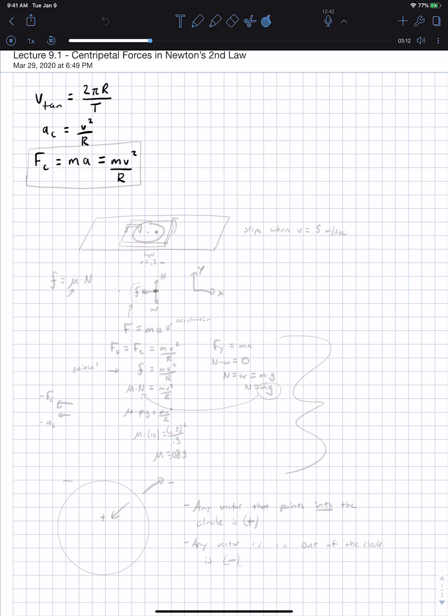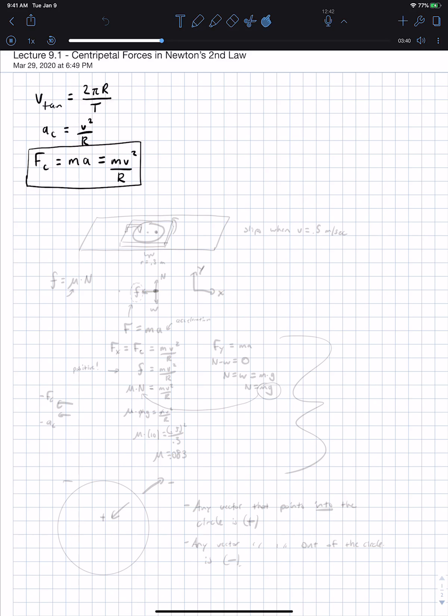The point of the lab was to use this equation right here, that I'm going to box, to figure out the mass of the spinning mass, and you did find that more or less. Now we're going to talk about actual physical examples of problems that we might be able to solve.